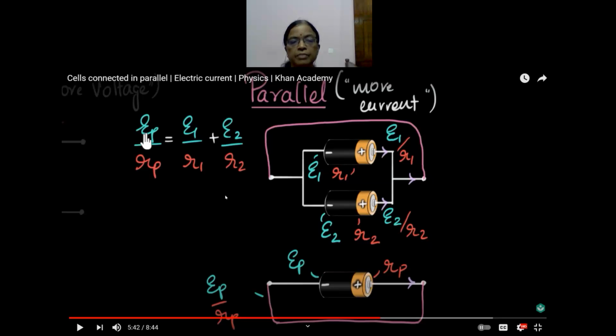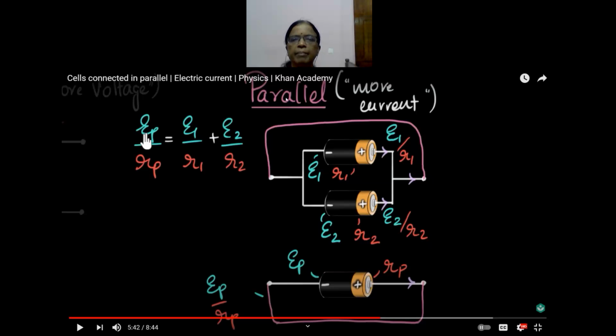For doing problems, you must know all these factors. Knowing RP, we can calculate EP also. Taking LCM from this equation, you can calculate EP. So the equation for current is EP by RP equal to E1 by R1 plus E2 by R2.